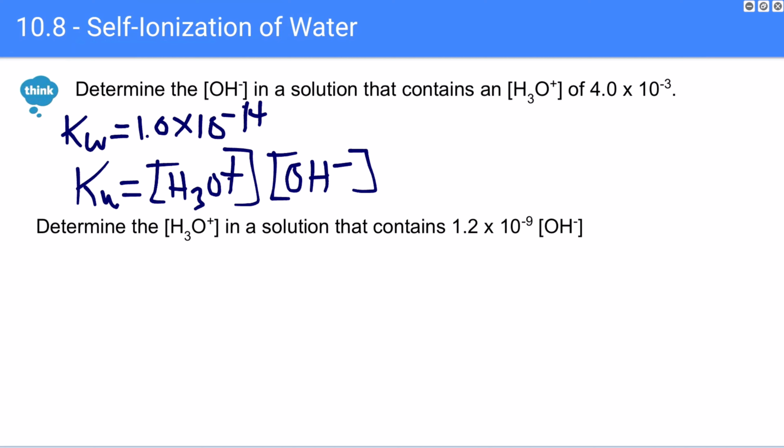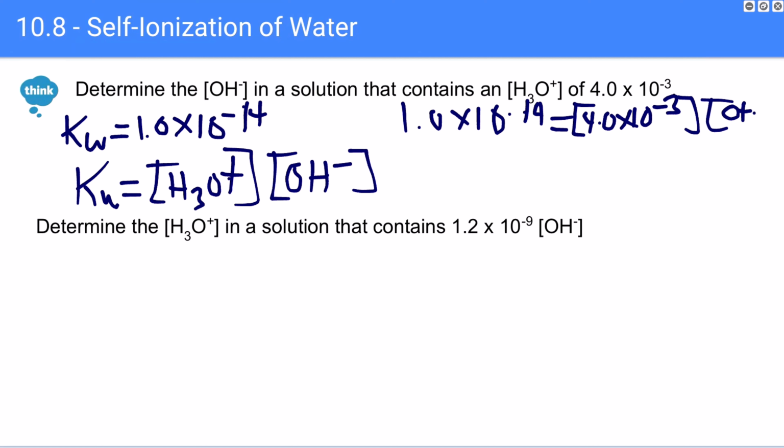So it simply becomes a plug and chug algebra problem. 1 times 10 to the negative 14th is equal to the H3O+ I'm given, which is 4.0 times 10 to the negative third, multiplied by OH-.